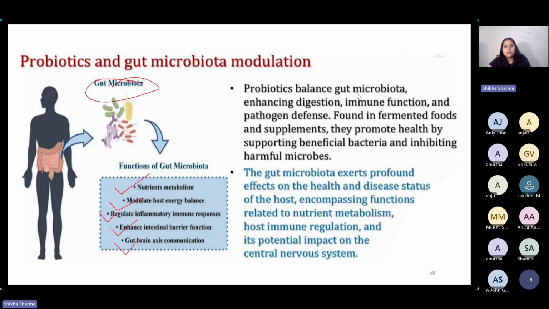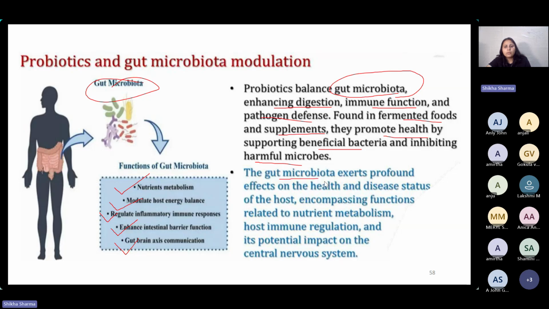So these probiotics balance the gut microbiota, enhance digestion and immune function, and defend from pathogens. They are found in fermented foods and supplements, and they promote health by supporting the beneficial bacteria and inhibiting the harmful microorganisms.